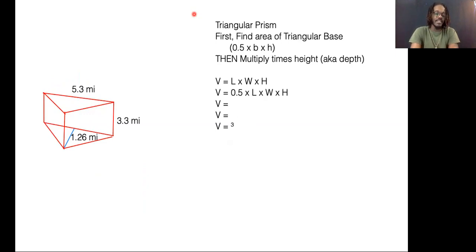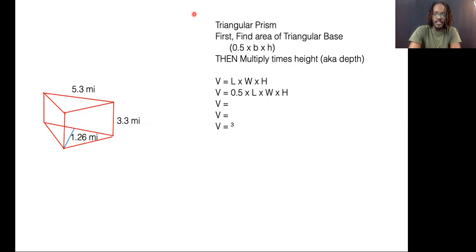I'm glad that it didn't give us the area for the triangle base because I can show you all how this modified formula works. So I have 0.5 times the length, which is 5.3, times the height, which is 1.26, and then times the depth or the height of the shape, which is 3.3.